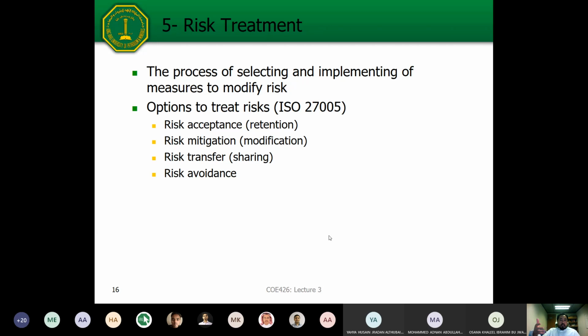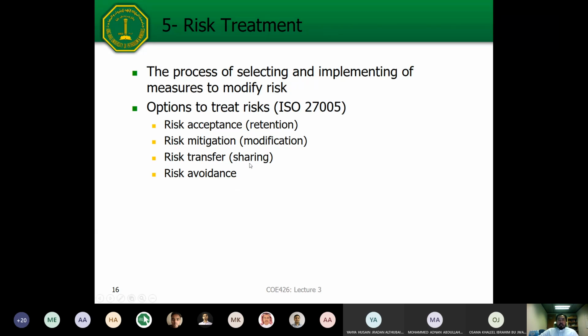So again, if you have a software application in operation, and after the analysis and identification you say, okay, there is some risk going on here in this application, go and modify it. So put some control measures to mitigate the risk.